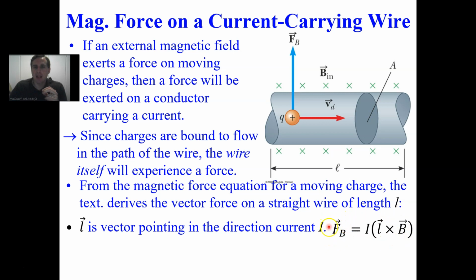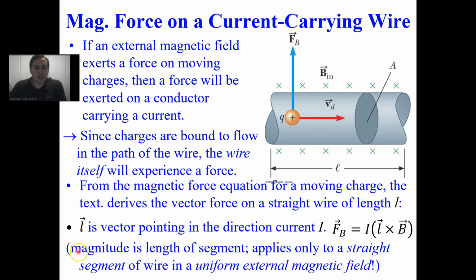The magnetic force vector is equal to the electric current multiplied by the length vector cross product with the magnetic field. That is to say, L cross B times I, I being a current, should give F sub B. So in units, that's amperes times meters times Teslas should give newtons.